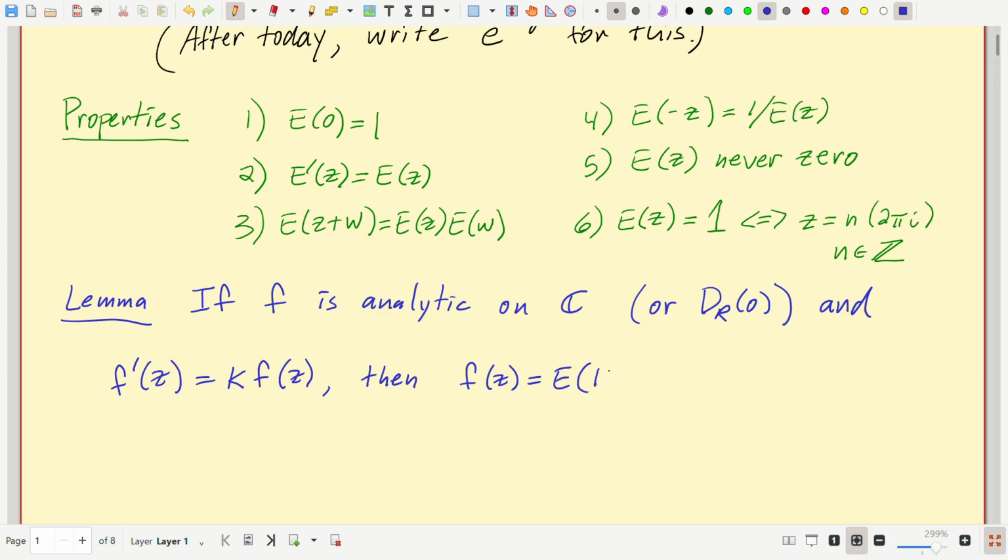And k could be a complex constant here. Then f of z is C times e to the kz, where C is equal to f of 0.